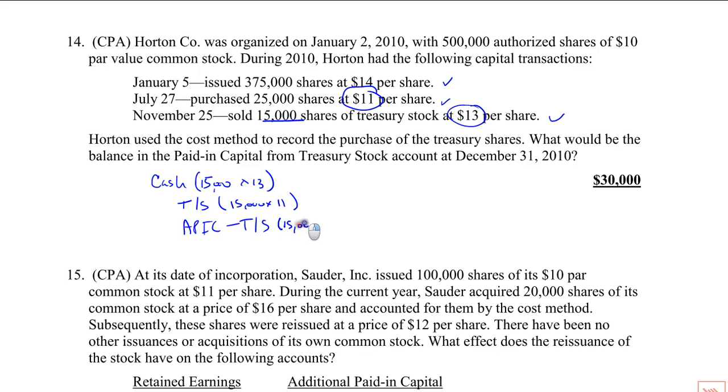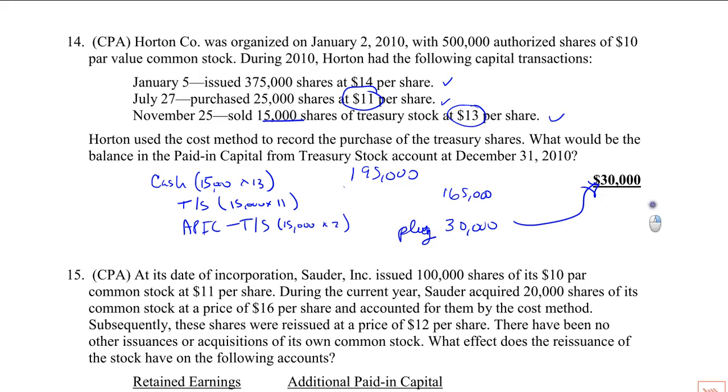So it's going to be 15,000 times 2. Okay, so this is 30,000, and that's where it comes from. All right, if you want to put the numbers in there, you can do the whole journal entry. Let's see, we got 195. So if you're just working the journal entry, 15,000 times 11, that's going to be 165. And then you could have plugged this number.